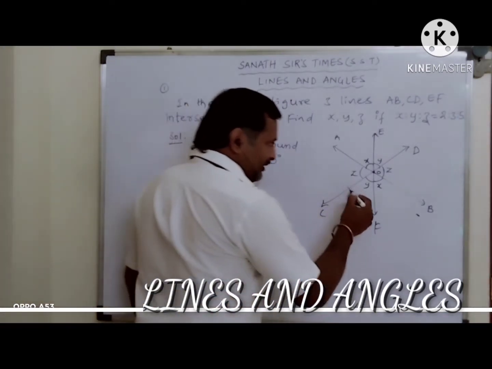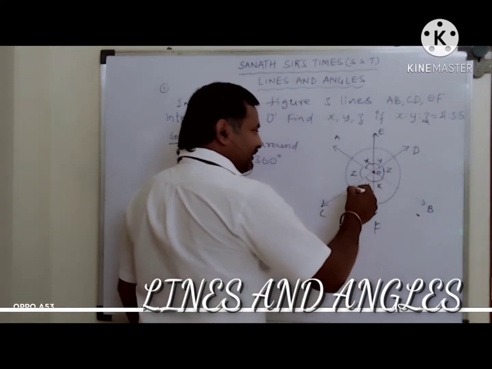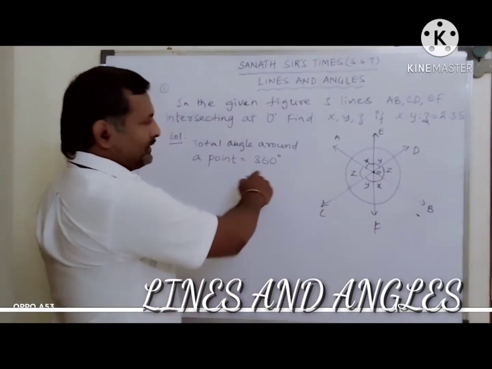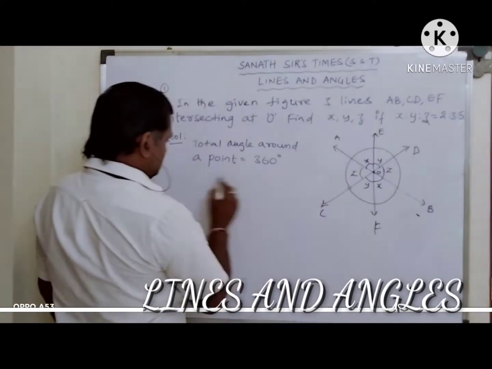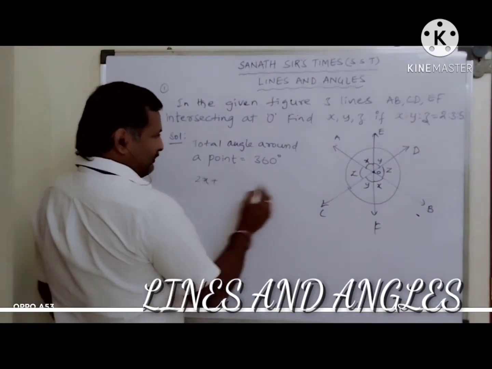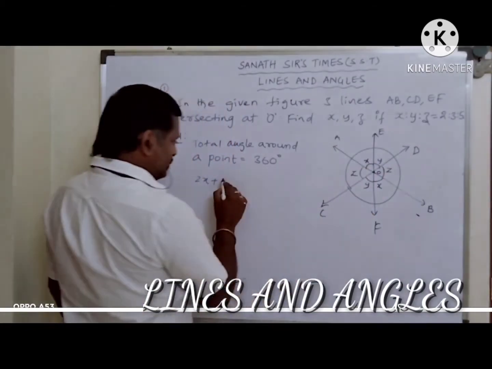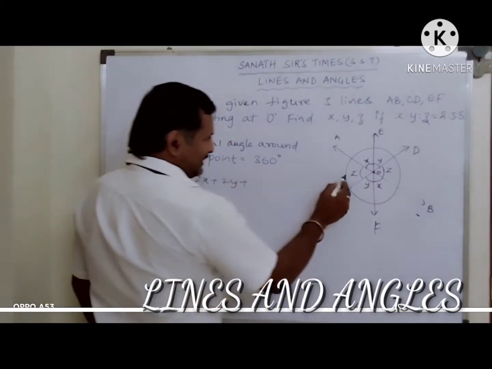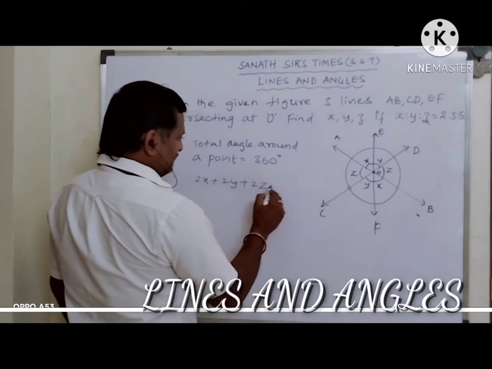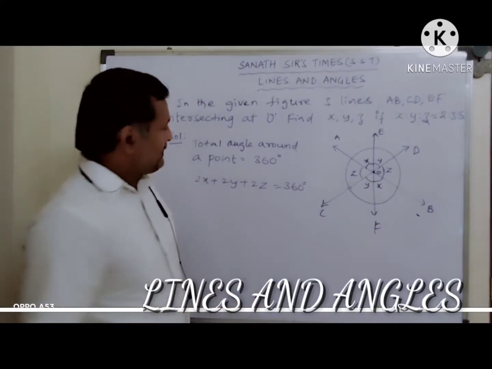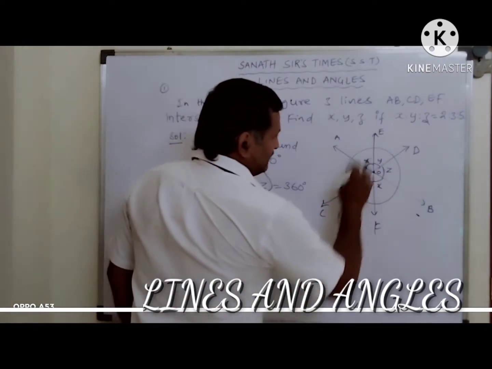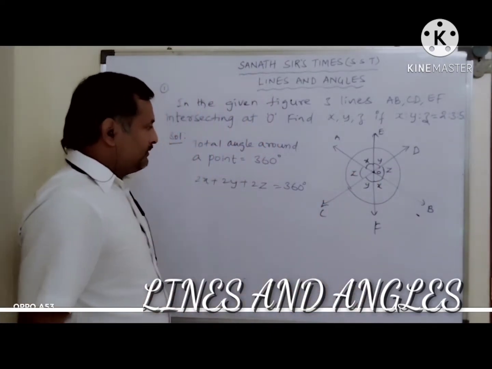Means when you add all these angles, it must be equal to 360 degrees. So x plus x, 2x, plus y plus y is 2y, plus z plus z is 2z, must be equal to what? 360 degrees, because the sum of the angles around a point must be equal to 360.